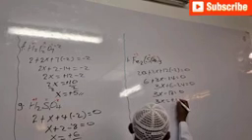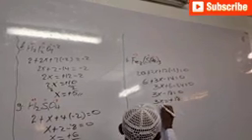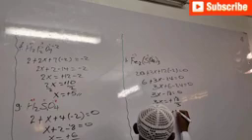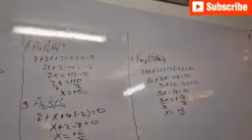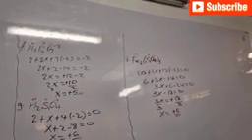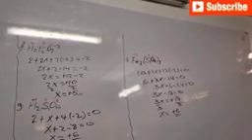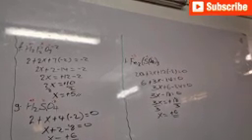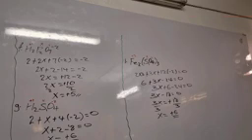So 3x is equal to positive 18. Divide both sides by 3. This becomes positive 6. Therefore, the oxidation number of sulfur in iron(III) sulfate is +6. This is about question number 1.